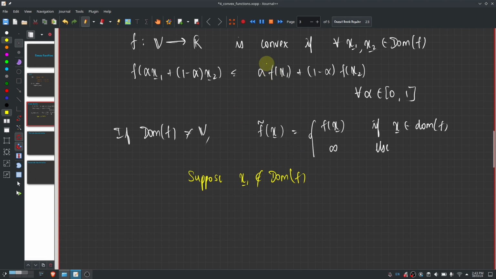Then what happens to the right hand side? We want to verify that f tilde is convex, so the RHS would be equal to alpha times f tilde of x1 plus 1 minus alpha times f tilde of x2.